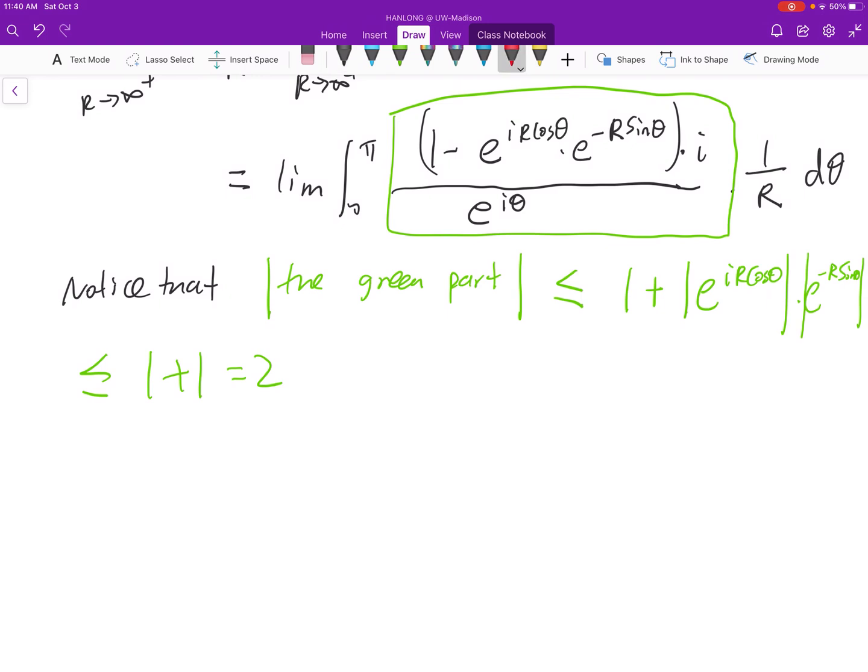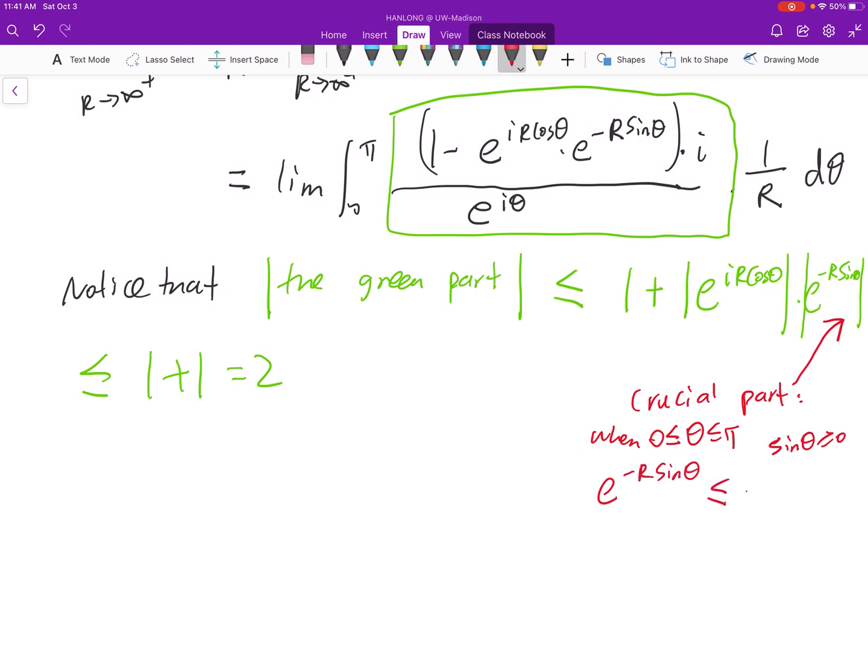It's not trivial. The crucial part is here. When theta is from 0 to pi, sine theta is non-negative, so exponential negative R sine theta is less than exponential 0, which is 1.